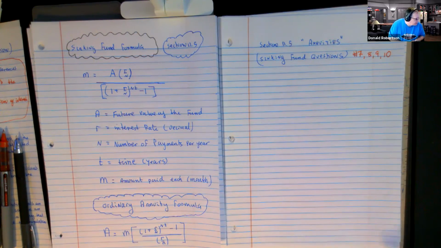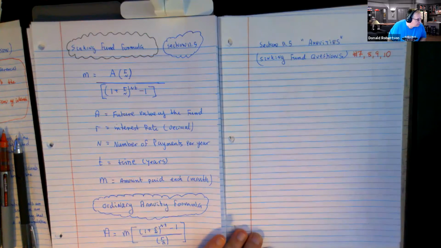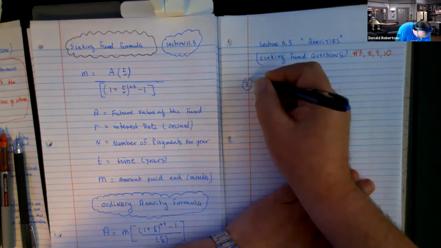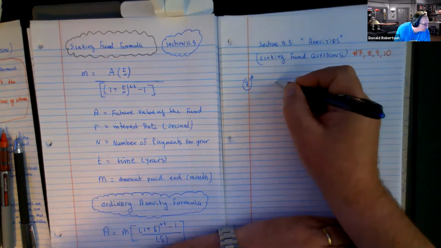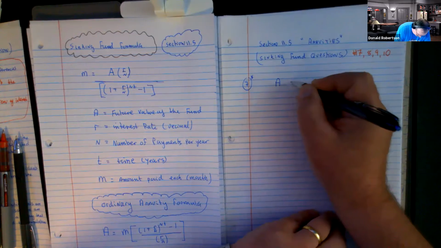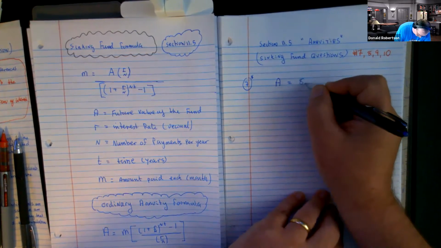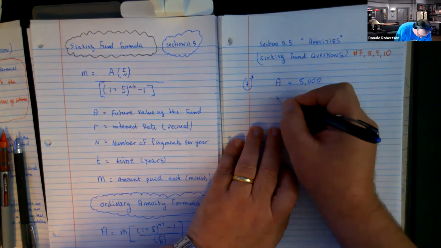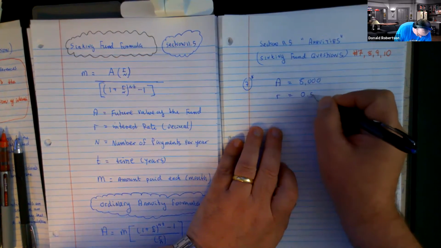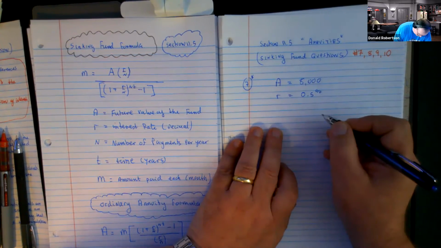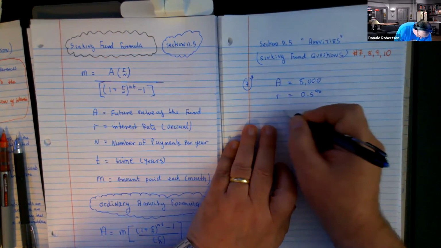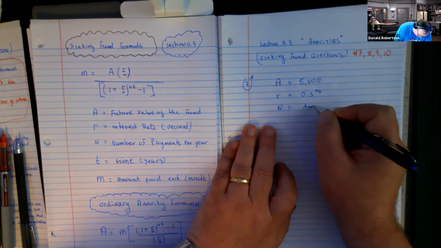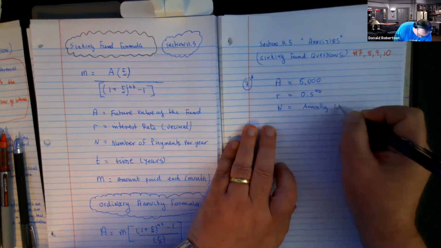So let's make up a story similar to one of the questions that we've got here. In question 7, for instance, you need $8,000. The interest rate that you're getting is 0.5%, and you're getting it annually, which means once a year, obviously.